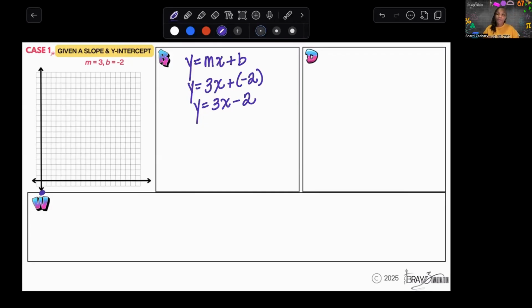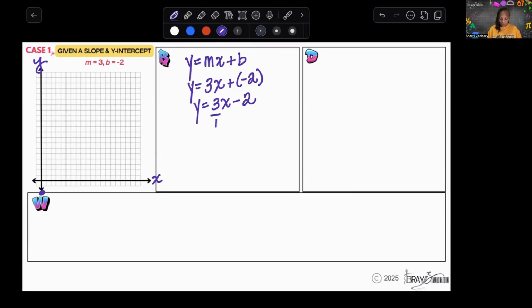Remember, the slope represents our rise over run. I only have quadrant 1 of the coordinate plane represented here, so I'm just going to go off of quadrant 1 a little bit to represent that negative value. From there, I use my slope to determine my other point.